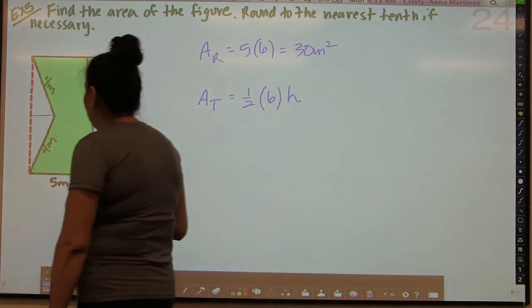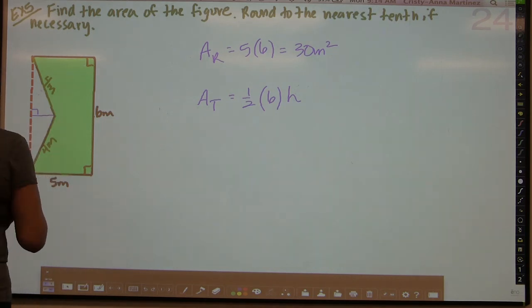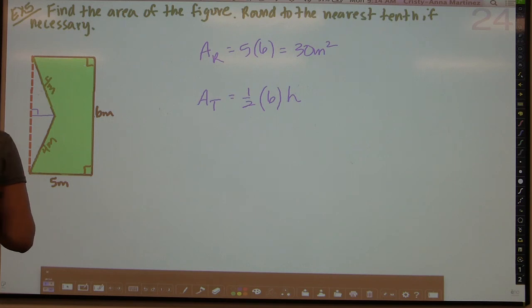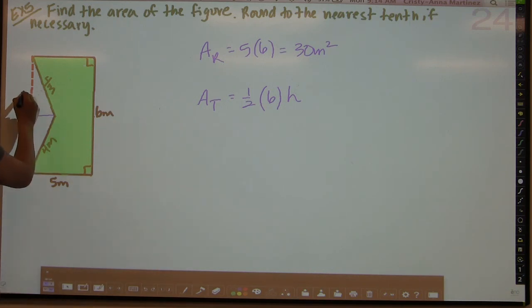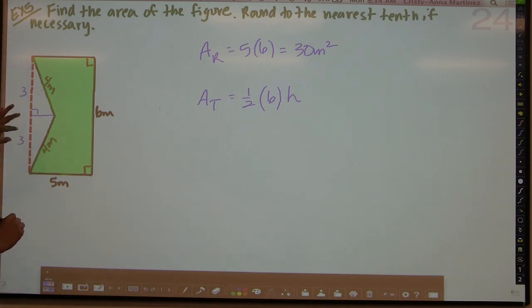And so to find the height here, we're going to use the fact that this is an isosceles triangle. So that would mean that this is 3 and this is 3 because that would make it isosceles, right? So now we can use Pythagorean theorem, and you can get your last segment here, the height.